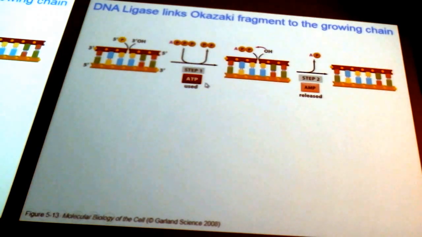ATP is used in this reaction. The first step is to make this ATP intermediate. This is a high-energy phosphate. ATP is getting used. And after that, the hydroxyl just seals the gap by a nucleophilic attack, leaving AMP out. Okay? And then you have the fully ligated DNA.